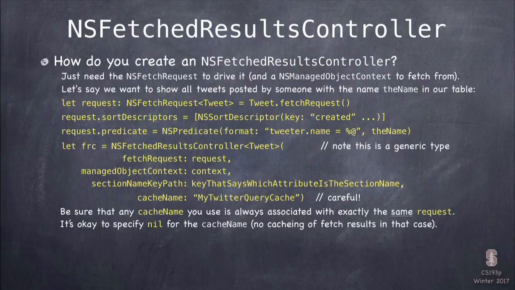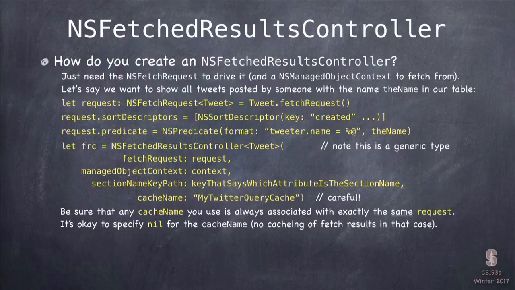This is the same type of things that are in the rows of your table. Now that cache name at the bottom is interesting. That is actually going to permanently cache the results. In other words, it's going to get the results out of the database and store on disk the result in some internal format. And that's cool, and that storage, by the way, if you quit your app and come back, it'll still use that cache. So it's quite efficient. But you have to be a little bit careful. You cannot change anything about your request.